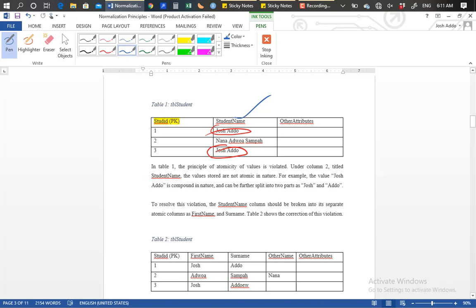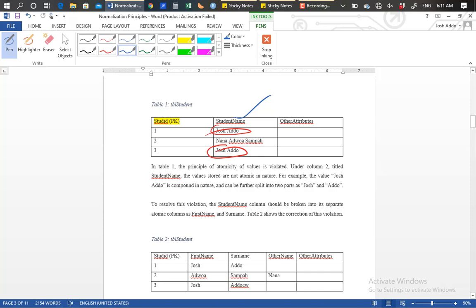Each column stores values which are atomic. So it means that the column name itself should not be compound. The column name itself should not communicate the idea of storing compound values under that column.